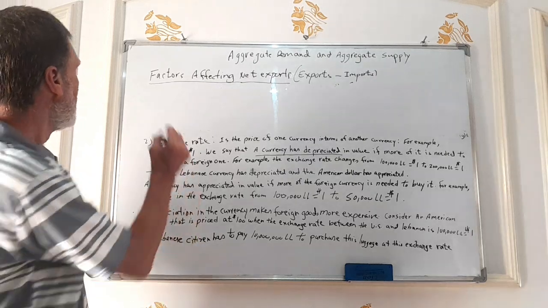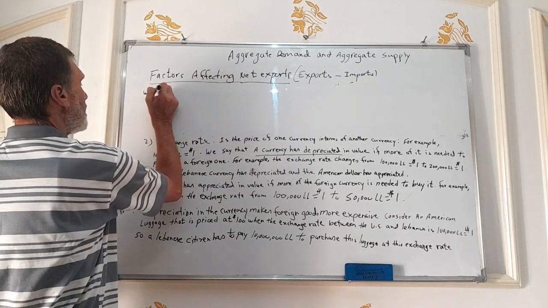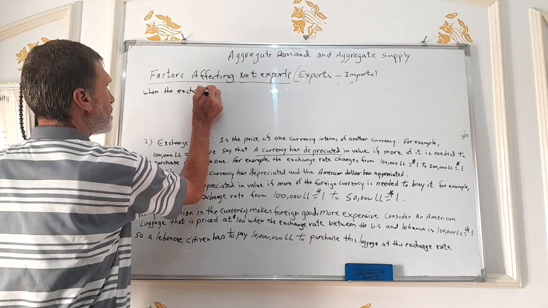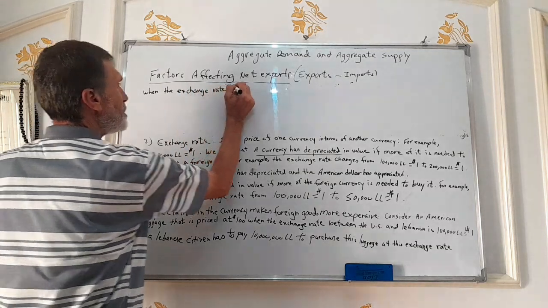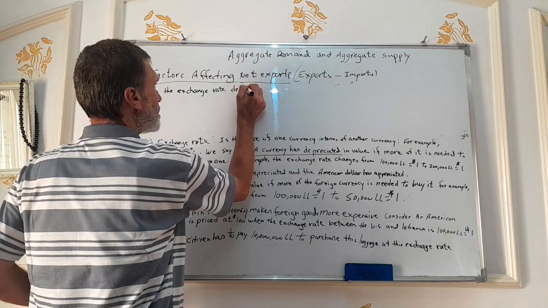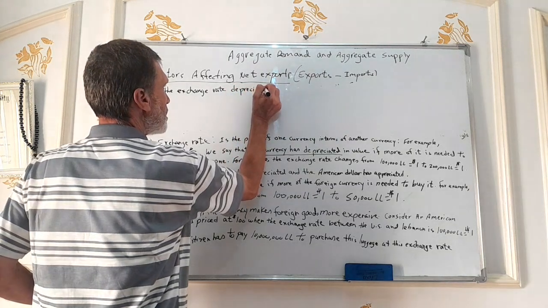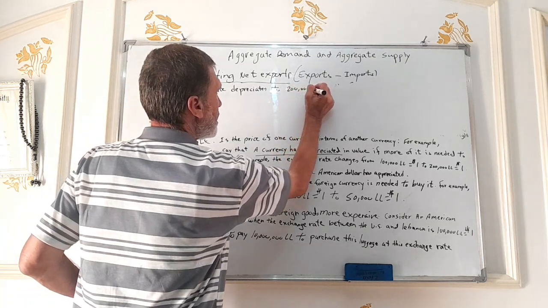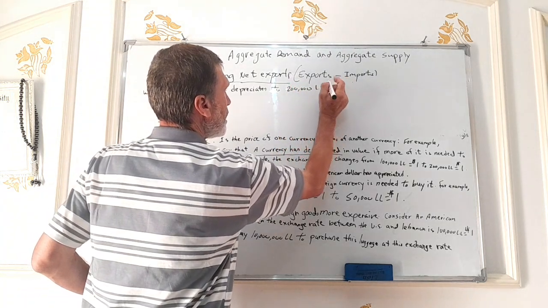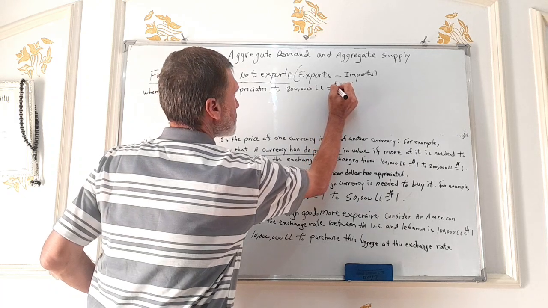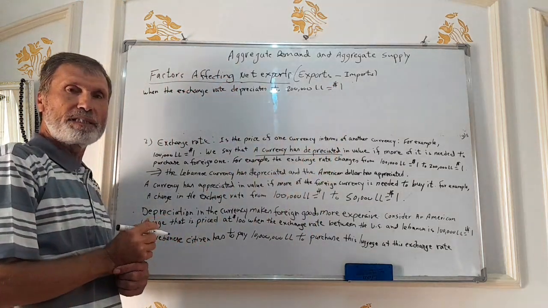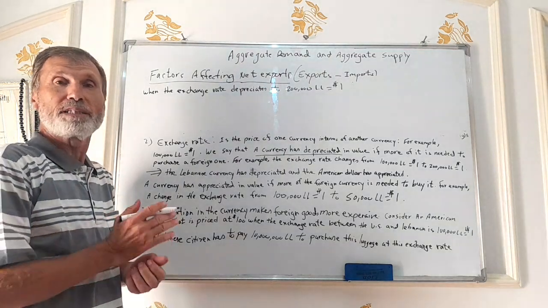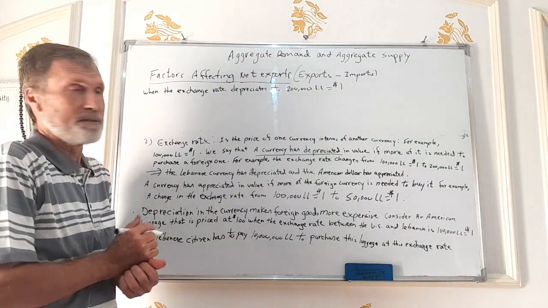So now, when the exchange rate depreciates to 200,000 Lebanese lira equal $1, the Lebanese citizen has to pay how much to buy this luggage? He has to pay 20 million Lebanese lira.